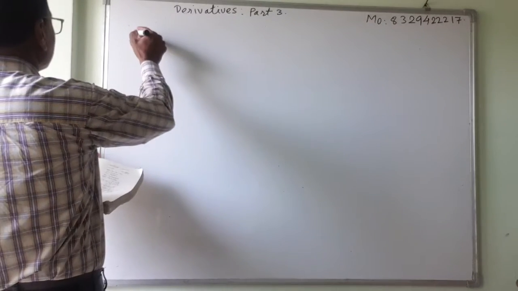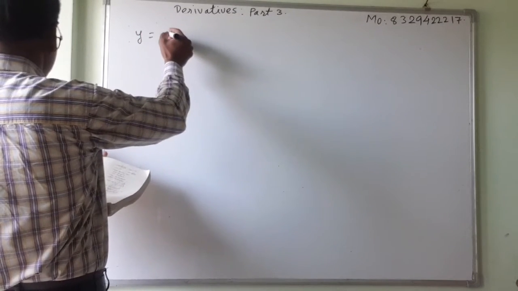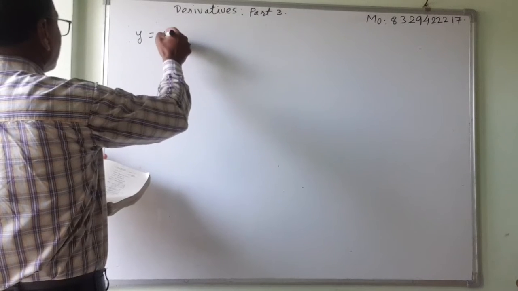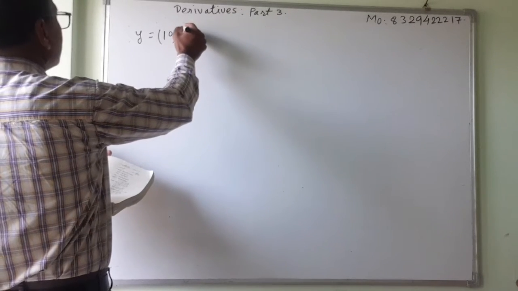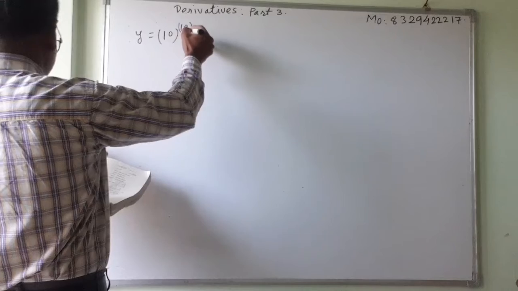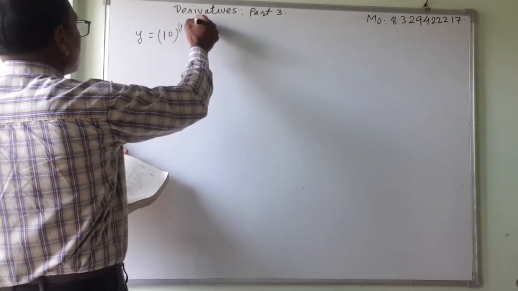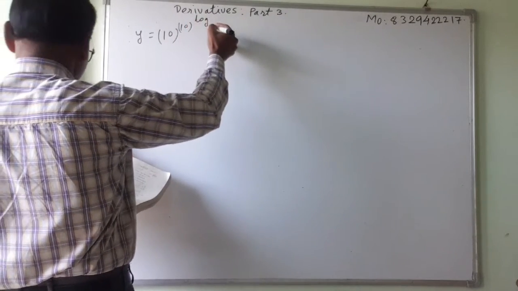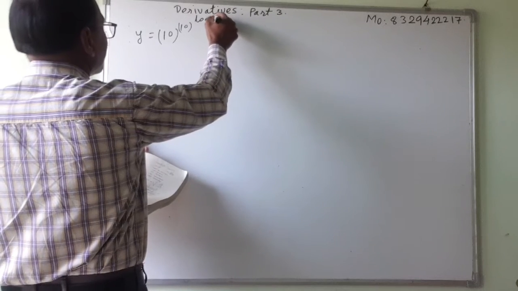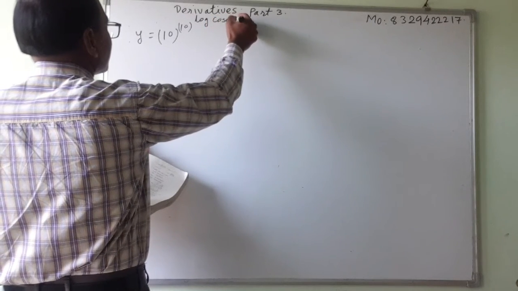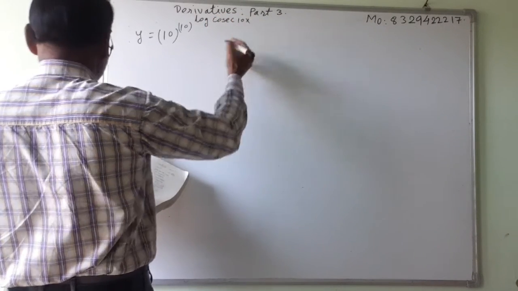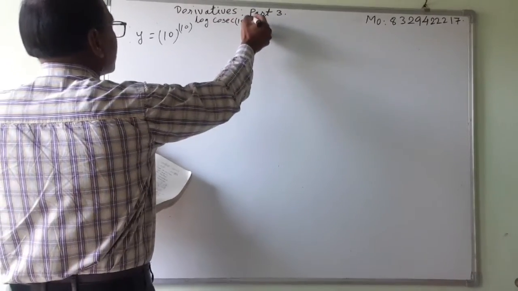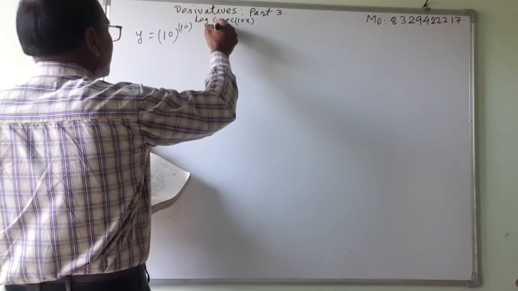Y is equal to 10 raised to log of cosec 10x, and the base of this log is 10.